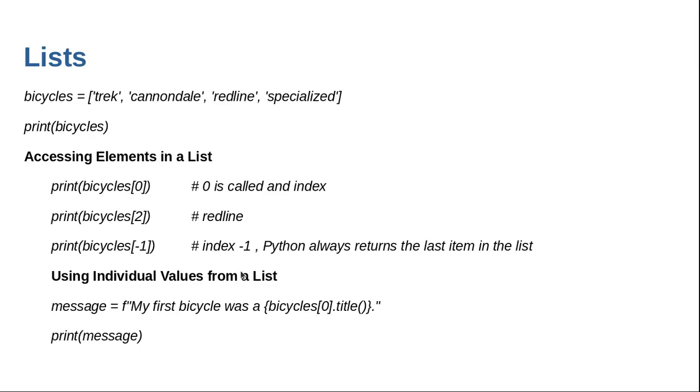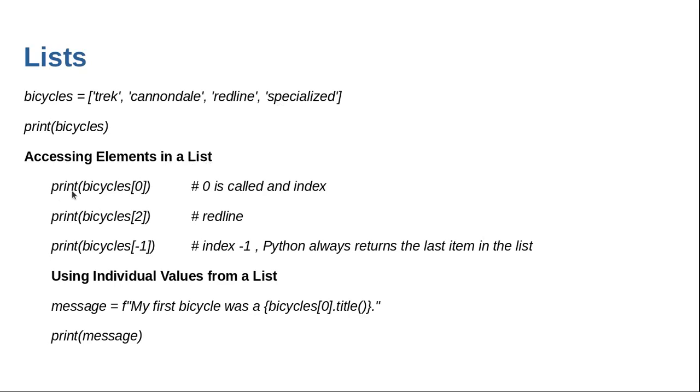Now, this is about accessing a list. Let's say we have bicycles: Trek, Candle, Red 9, and Specialized. We may want to access this data, and we can access it using an index.